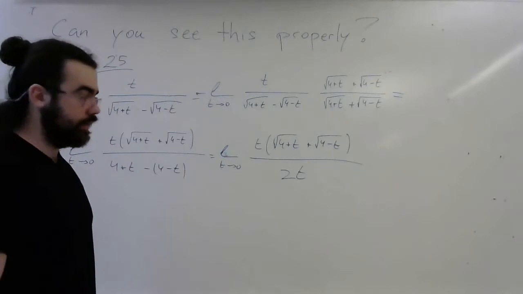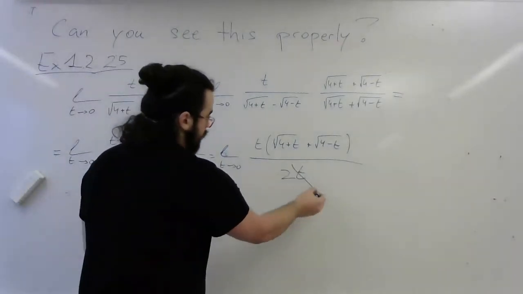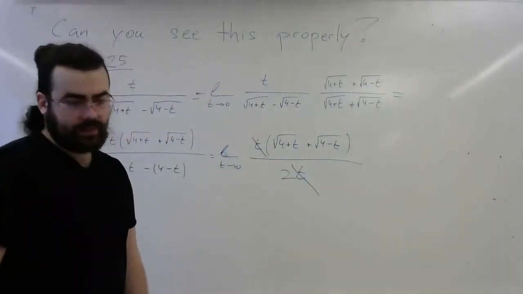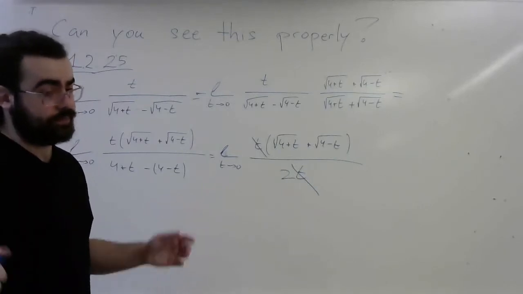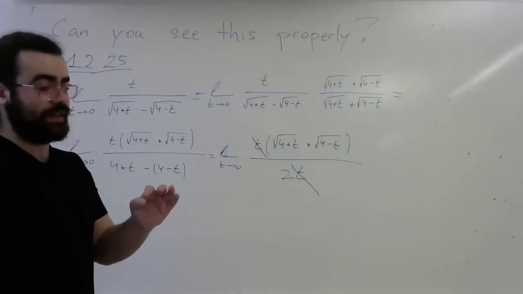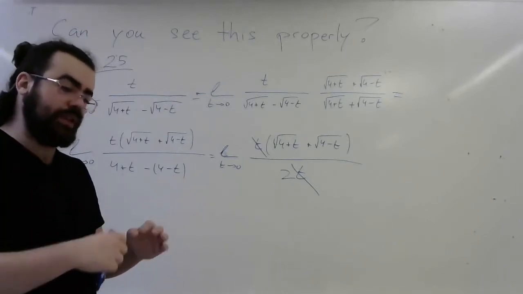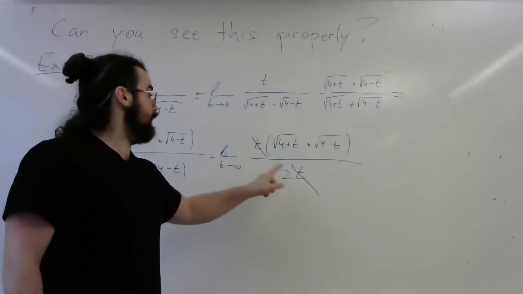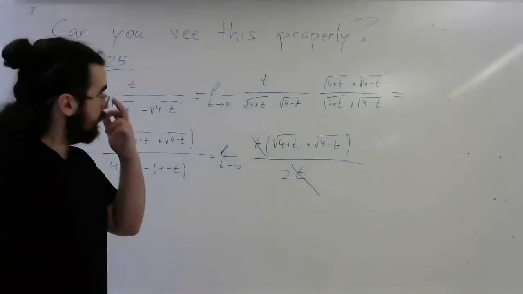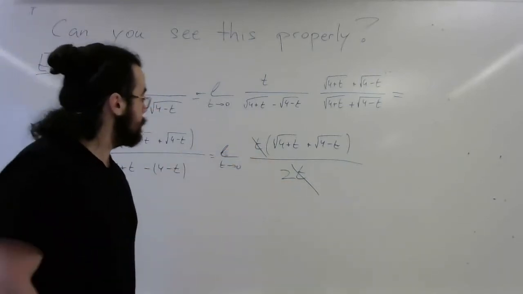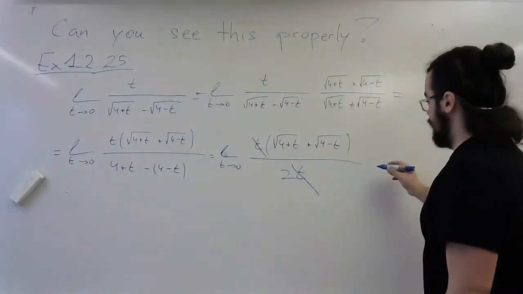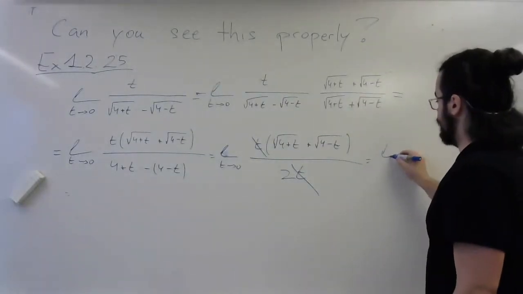So another thing we can do is cancel the t that's multiplying with the t that's dividing. When we calculate a limit, we're not exactly on the point, but we are approaching the point instead. So we can consider that t is different than 0 always, and we can do this cancellation. So we're going to write this in a beautiful way.